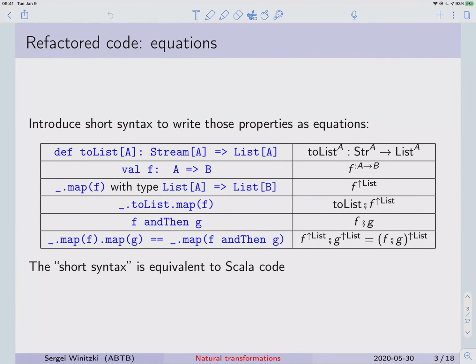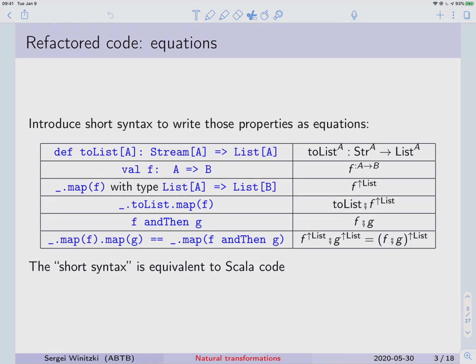In order to formulate these properties in a more rigorous way, we need to write equations. In order to write equations more easily, I will introduce a certain kind of shorter syntax, which is entirely equivalent to Scala code, but is much easier to work with.